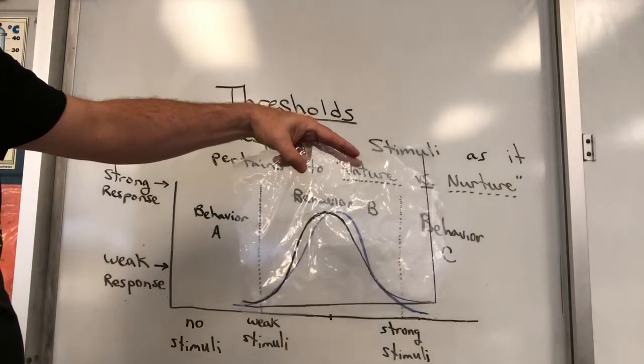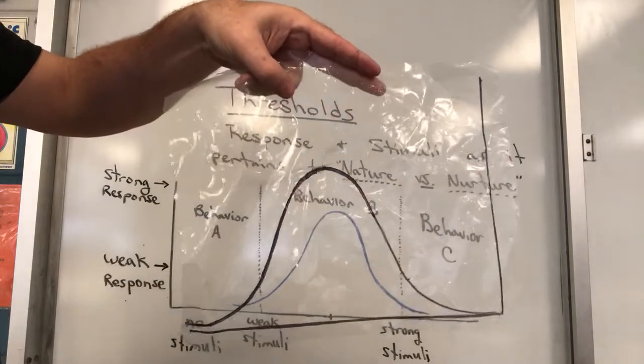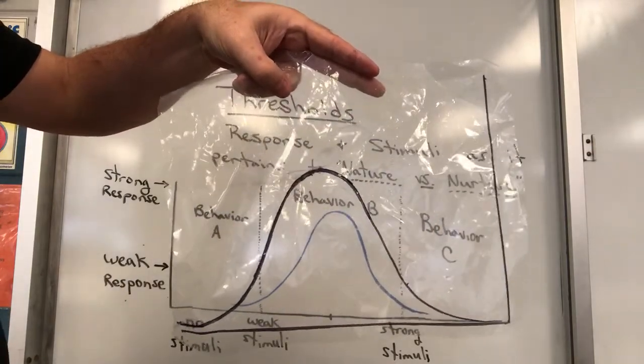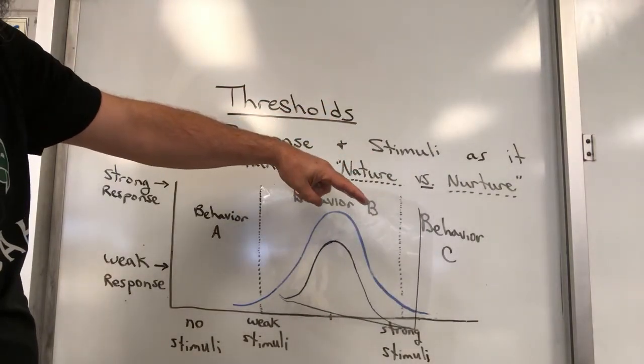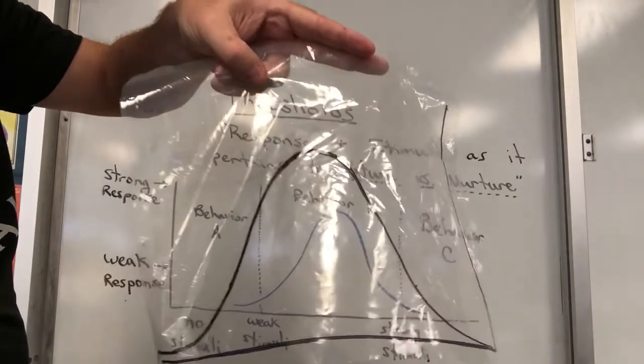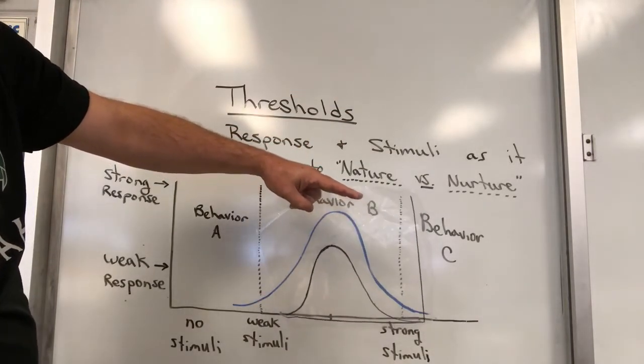It can also do a little bit of both by moving the curve this way, a dog that's more stimulated, or a dog here with less drive. So this would be more drive, and this would be less drive. So that's what breeding does.